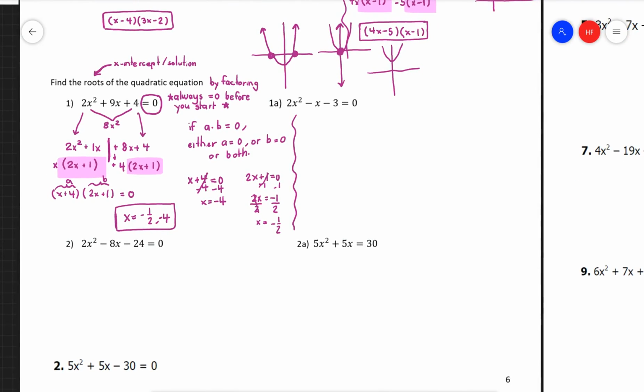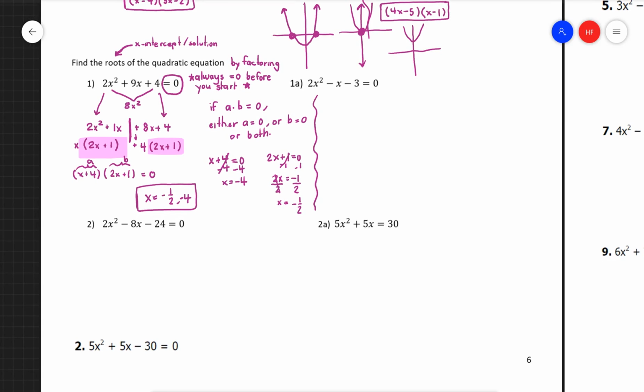So then on number 1a, we have 2x squared minus x minus 3 equals 0. So I can go ahead. First thing I'm going to do is multiply the first and the last term. 2x squared times negative 3 is negative 6x squared. And I need to add to a negative 1. So negative 1 is going to be negative 3 and positive 2.